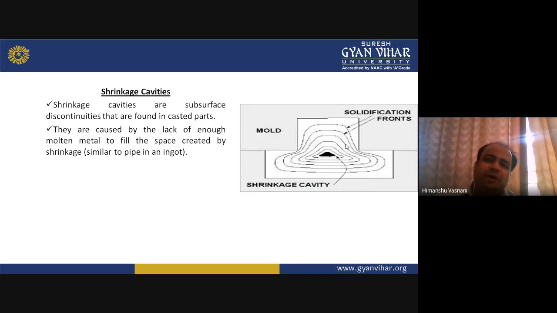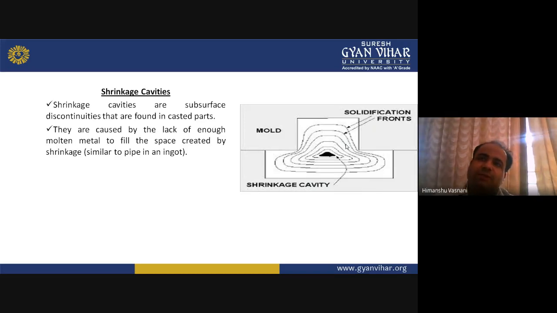So while shrinking, if uneven cooling of the surface takes place, then these kinds of shrinkage cavities come. This is because if you are not able to fill enough molten material into the cavity while casting, these kinds of shrinkage defects occur on the casting.